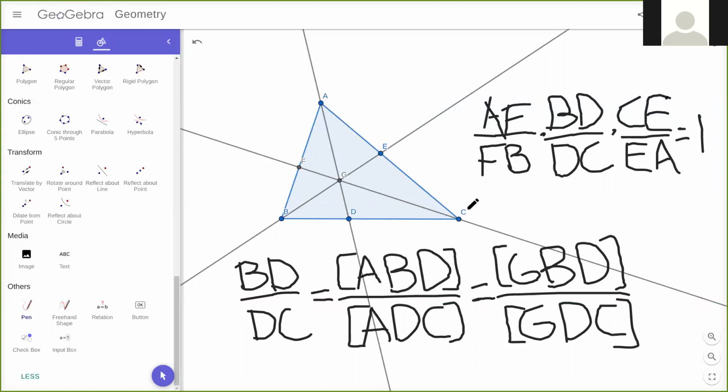So in order to get rid of this point D, what we can do is, as someone noticed, we can subtract the areas. So we have the area ABD and we have the area GBD, right? To get rid of this point D, we subtract the areas. So area of ABD minus area of GBD.